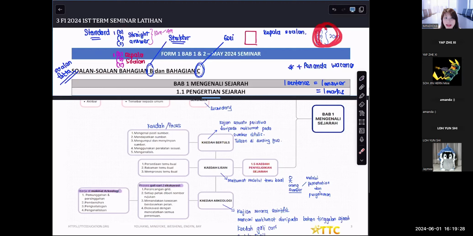For this one, maximum 8 marks, or in very rare cases it is 10 marks. So 8 marks maximum, or rare cases 10. Okay? So in this case, guys, for example, this one can be 6, 6, 8.